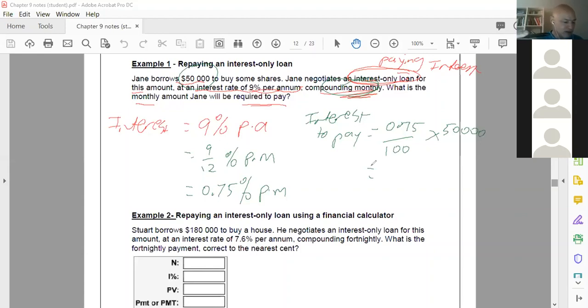Okay, so I'm just going to do that on my calculator. 0.75 divided by 100 times 50,000, and I get $375. So that's what her monthly amount is. That's how much interest she gets charged. That's how much she has to pay every month. Any questions?